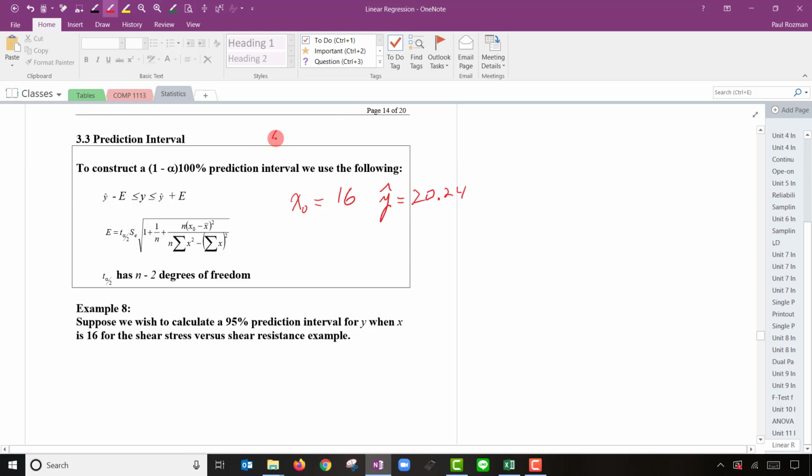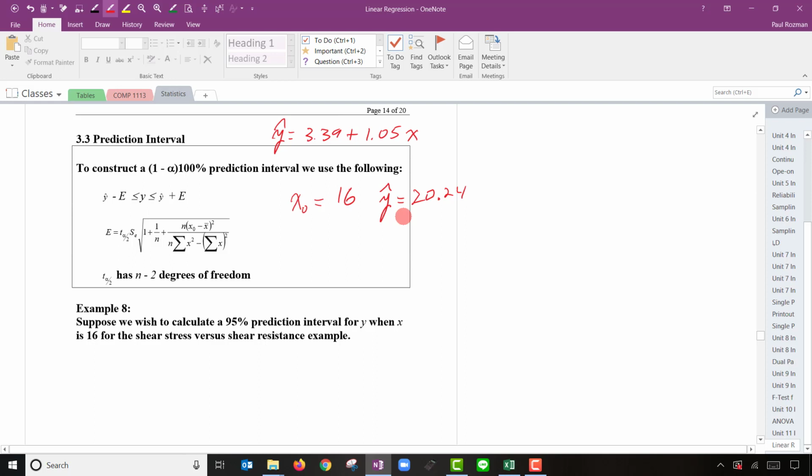And our equation was y hat equals 3.39 plus 1.05x. So this predicted value we know has error.